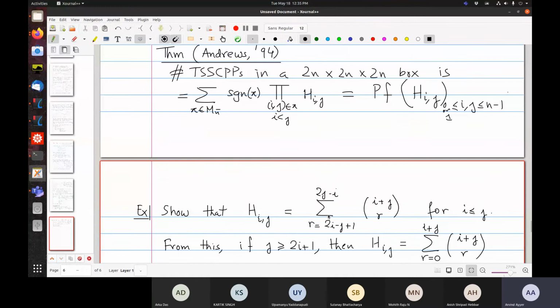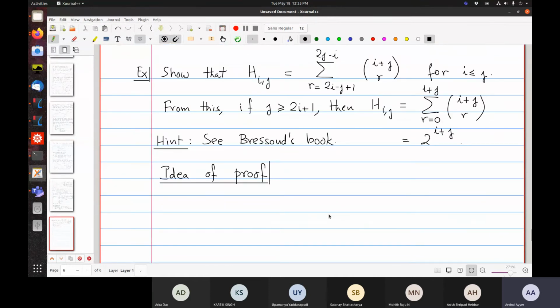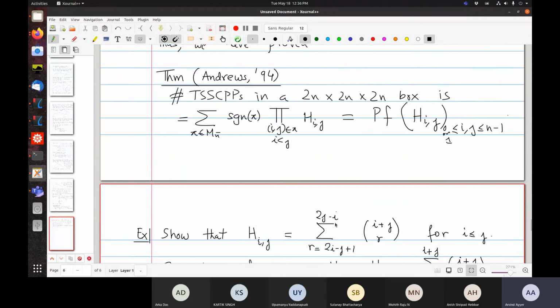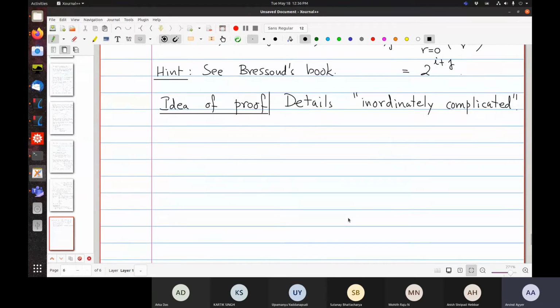And Andrews is able to do it, but the details are, in his own words, inordinately complicated. So it's not particularly illustrative, but the key idea is a really beautiful idea.